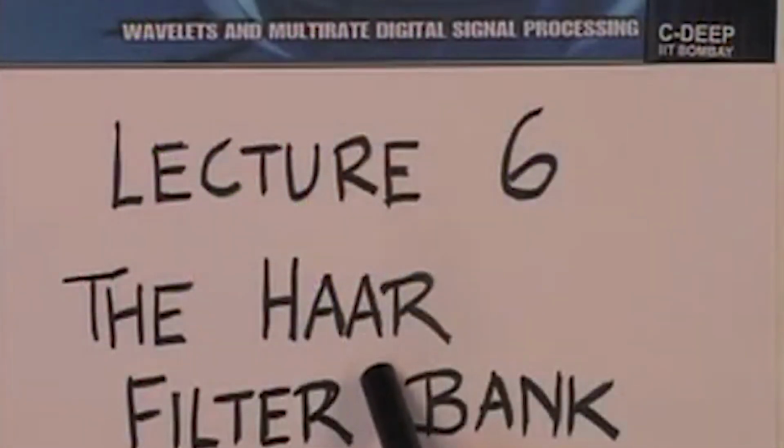Haar, if you recall, is the multi-resolution analysis that we are discussing, and we have talked about filter banks earlier, a collection of filters with certain mutual and individual characteristics, either with a common input or a common point of output summation. So, we are going to build up the connection between the Haar multi-resolution analysis and filter banks as we understand them in the discrete domain.